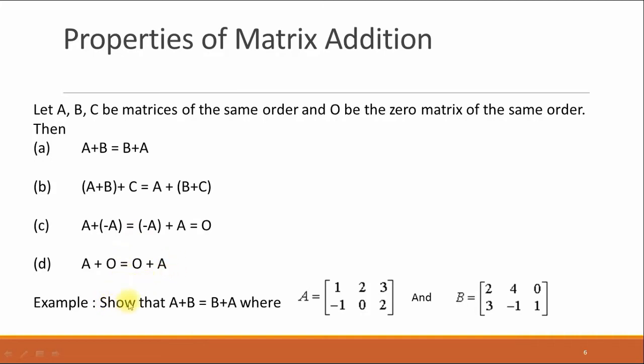For example, show that A plus B is equal to B plus A, where A is equal to 1, 2, 3, minus 1, 0, 2, and B is another matrix 2, 4, 0, 3, minus 1, and 1. This is the home task for the student.